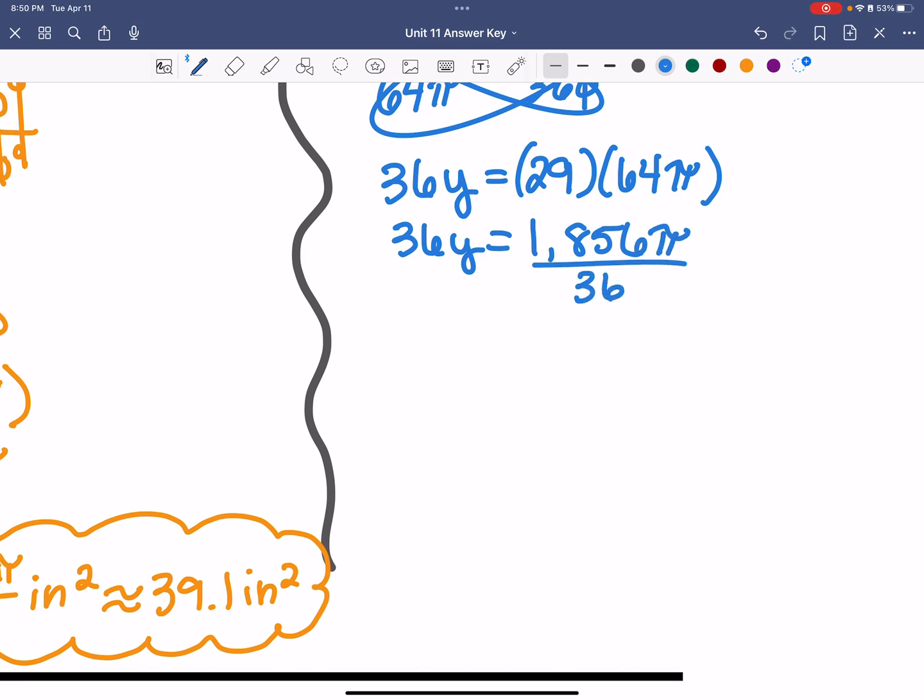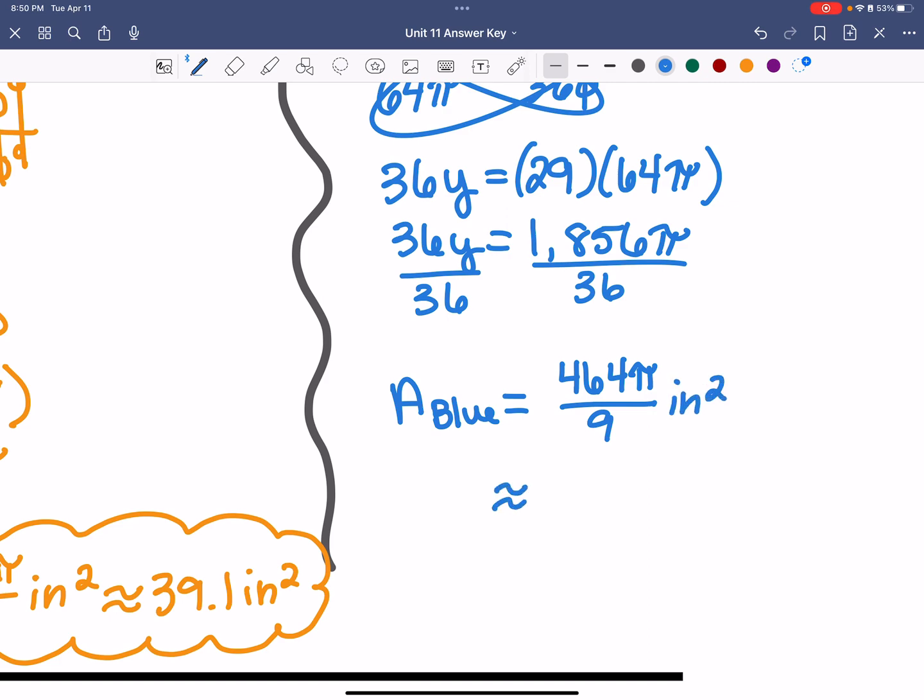Divide both sides by 36. I get the area of the blue sector to equal 464 pi over 9 inches squared, since it is area, which equals just about 162.0 inches squared. And that is my final answer.